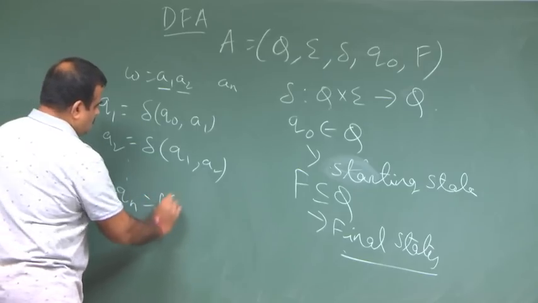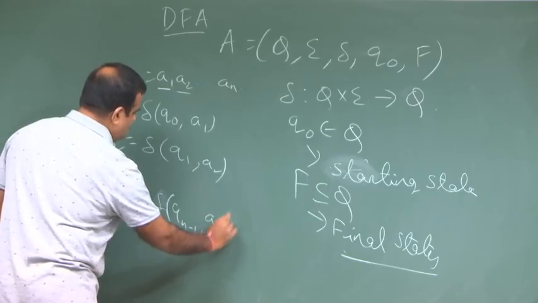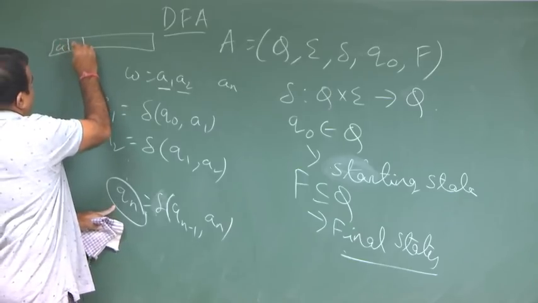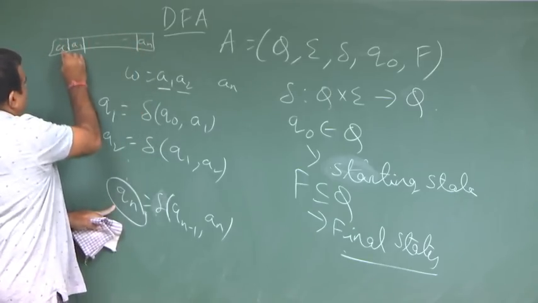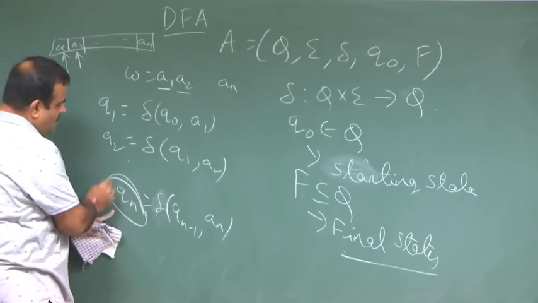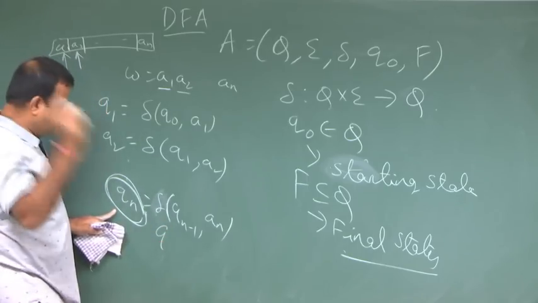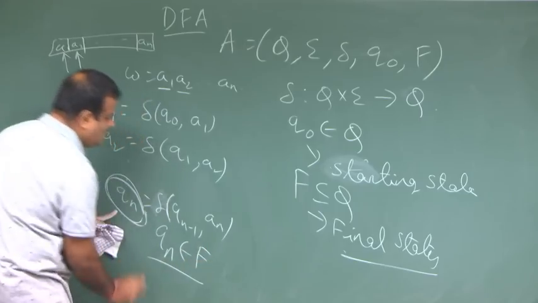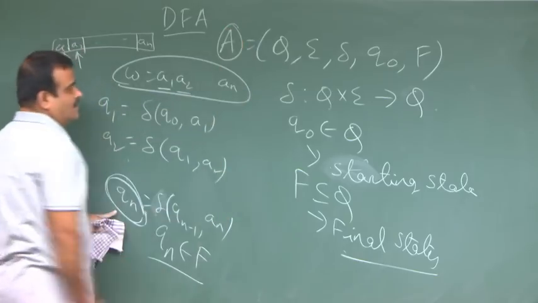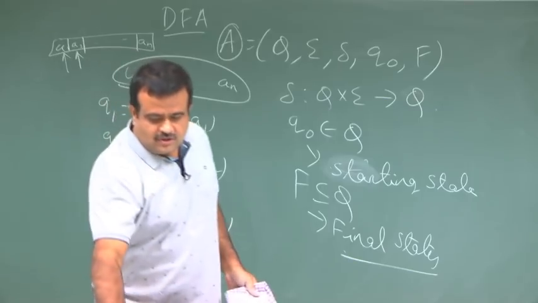Finally, delta of qn minus 1 and an gives qn. We keep reading a1, a2, up to an, changing our state every time. If qn belongs to F, the final states, then we say this string is accepted by our DFA A, otherwise the string is rejected. This is the way we define it.